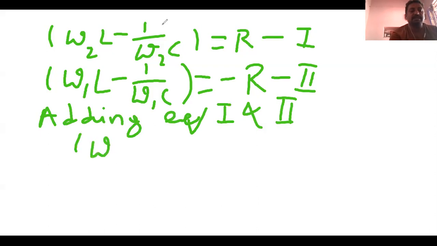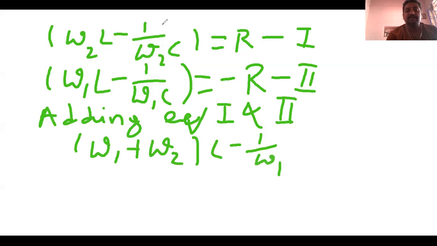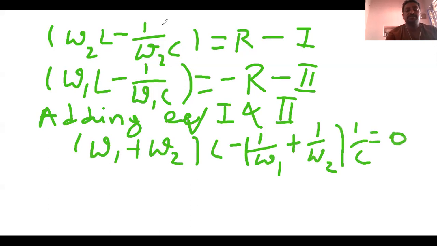So (ω1 + ω2) L, and we'll come back here, take the minus: (1/ω1 + 1/ω2) × 1/C = 0.